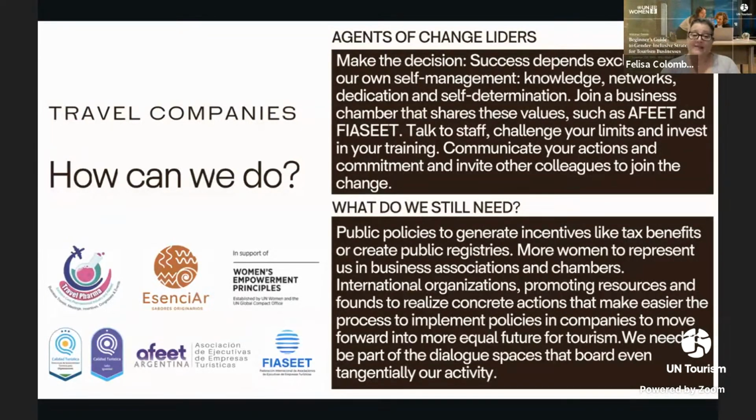And in this sense, I invite UN Women and UN Tourism to join the AFET, FIVIT, and FIACET project to be able to compile this first data that will show us real numbers on the active participation of women in the various spheres of tourism in Latin America.